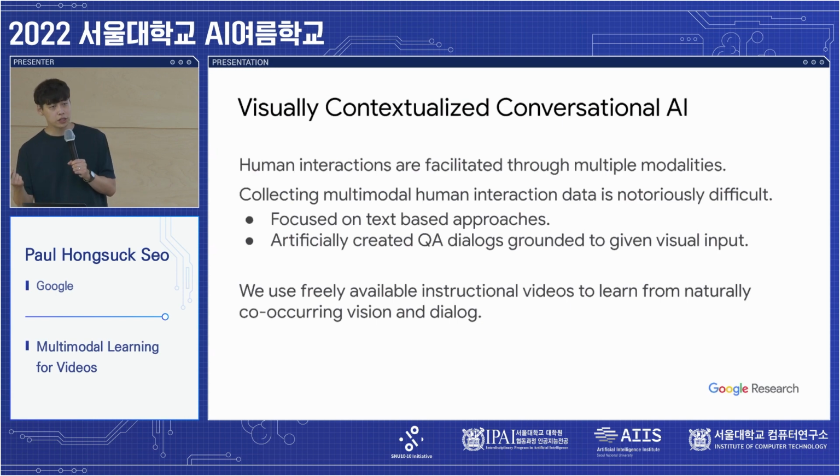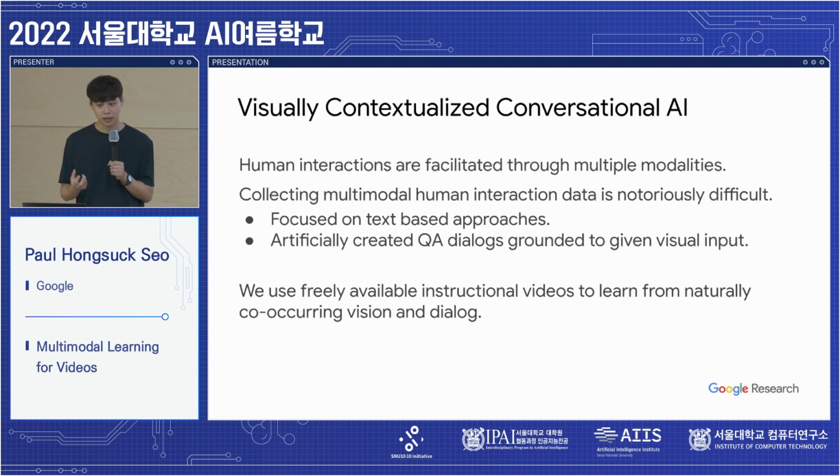But the main challenge lies in the dataset collection, because it's notoriously difficult to collect such a dataset, containing conversations and the visual environment. Previous works mainly focused on text-based approaches.